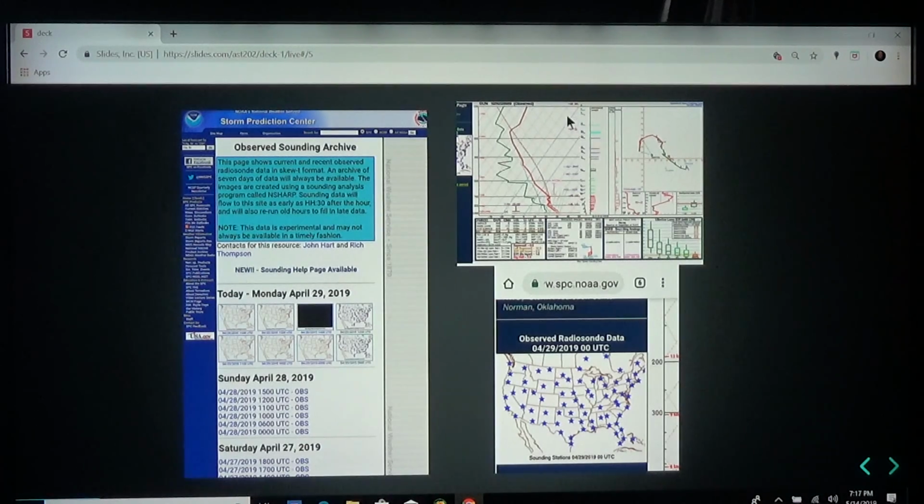Over here is an observed sounding from the SPC, which is a Skew-T. This is similar to what we'll be looking at tonight. Like I said, if you see an observed sounding, you know that is an actual sounding from a weather balloon. A forecasted sounding is generated by the computer.